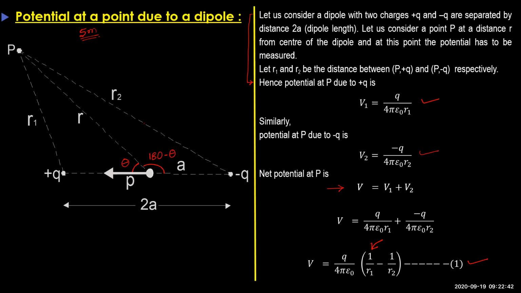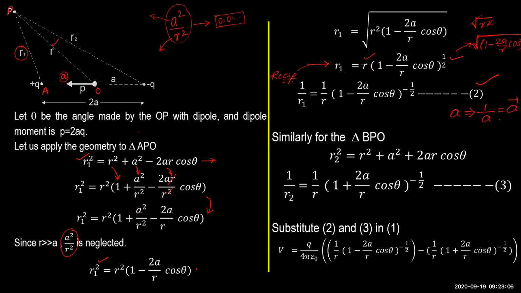Now these two distances, we call them direction vectors. Actually they can be represented as vectors, right? So they are making some angle here, but particularly if I consider r, which is taken from the center of the dipole, it makes an angle theta. Hence we have to consider the angle theta for the triangle AOP, right?